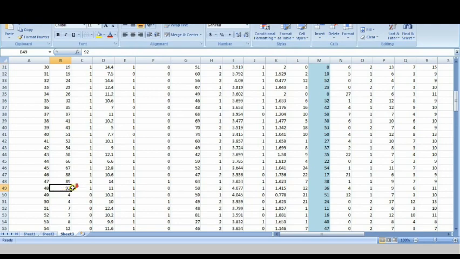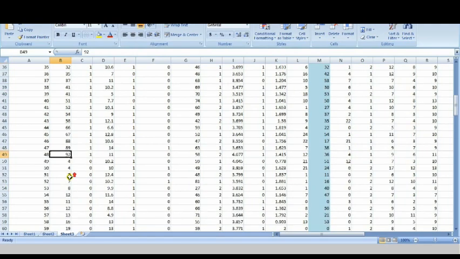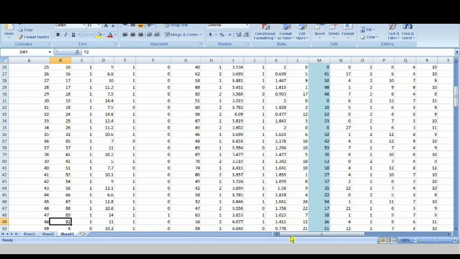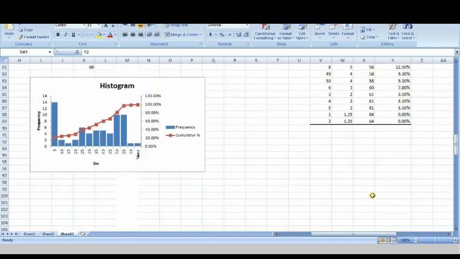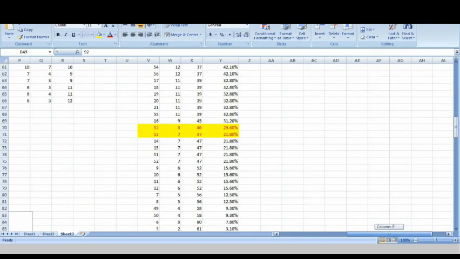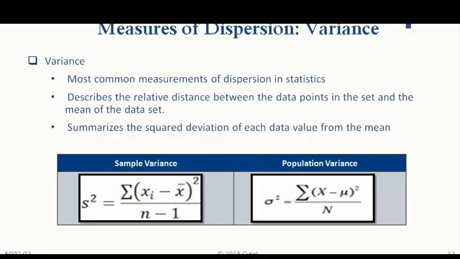So if you take the true range, it will be 92 minus 1.5, so around 90.5, but the interquartile range is just 28. Okay. So let us now go back to our presentation.